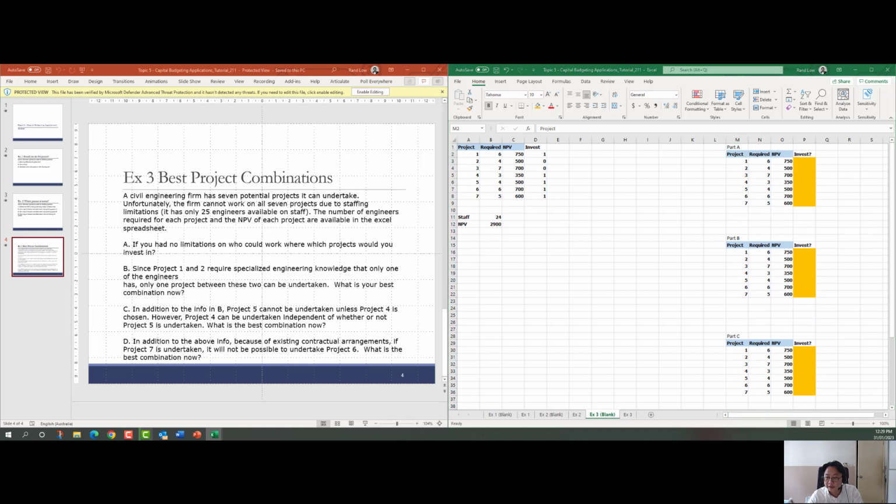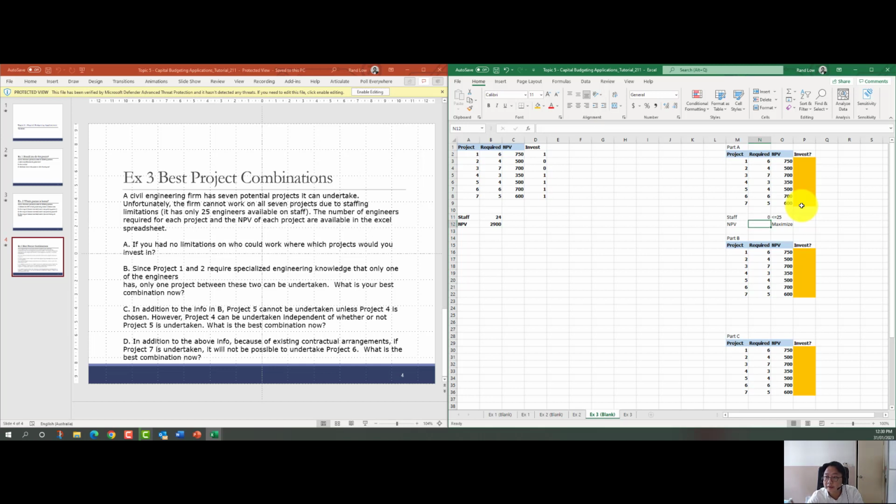What we're going to do next is that we have our staff constraints and our NPV. This one, we want to maximize, and this one has to be less than or equal to 25. So what we have to say over here is that we have to equal some product of this and what we invest in, which is 0 for now.